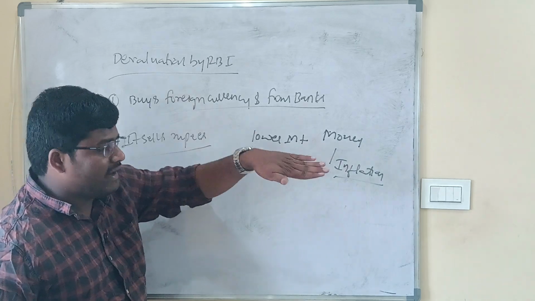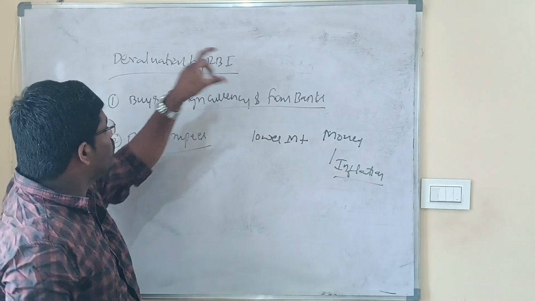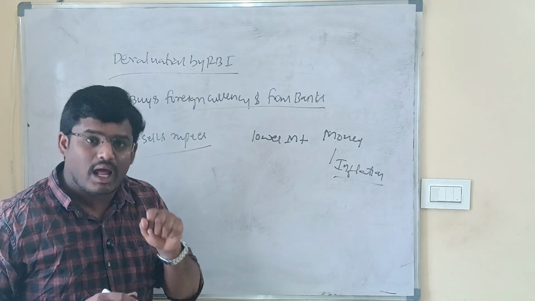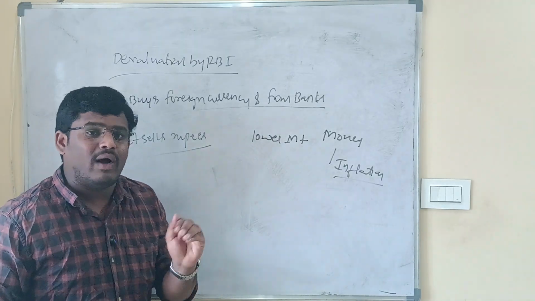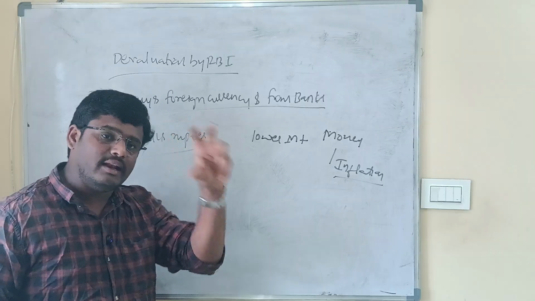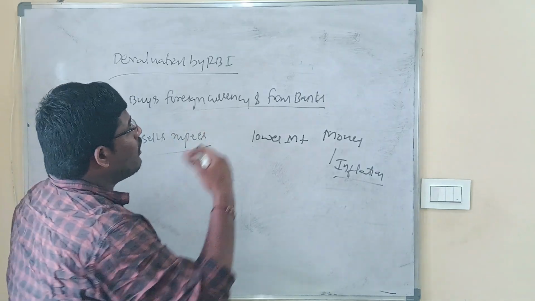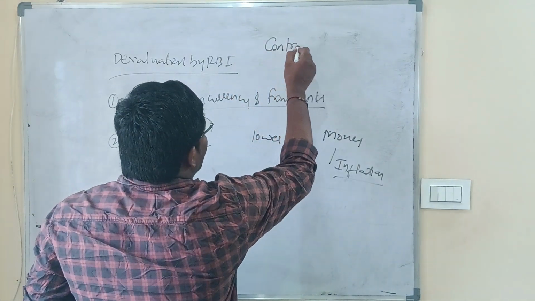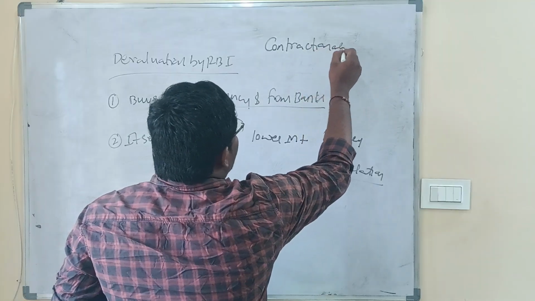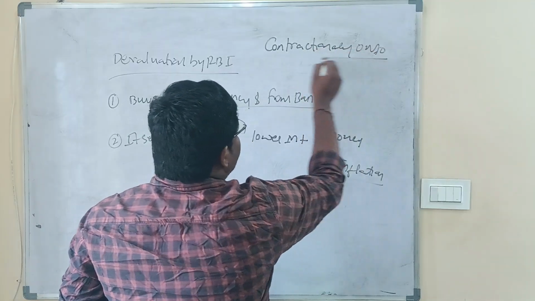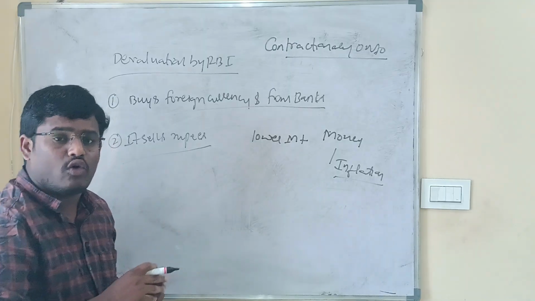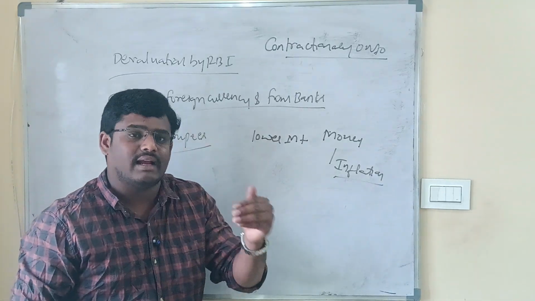Now, when inflation is happening in the economy due to the devaluation by RBI, what RBI can do to control the inflation is to follow the contractionary open market operation. What is contractionary?